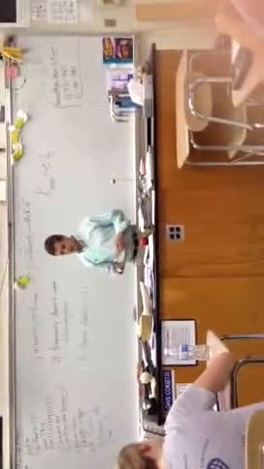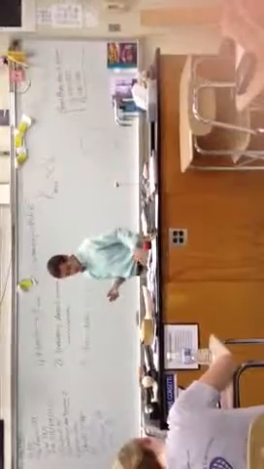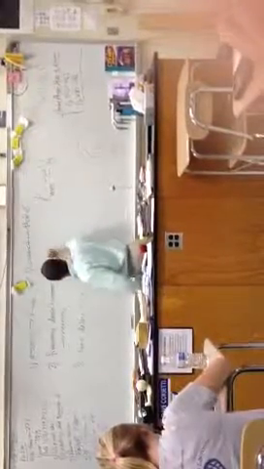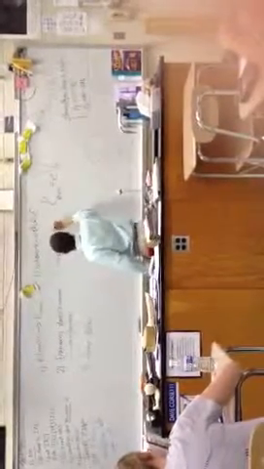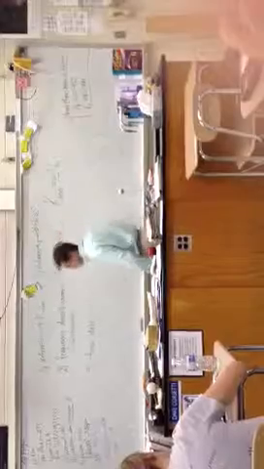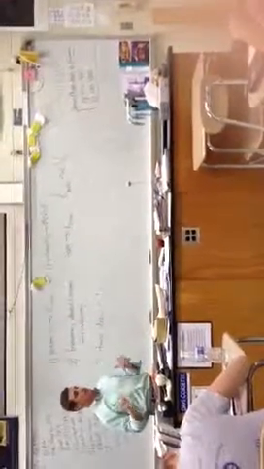But what they also found, as far as the kinetic energy of these electrons, is that it is dependent on frequency. As the frequency of the light shone on the surface increased, so did the kinetic energy of these electrons coming off.